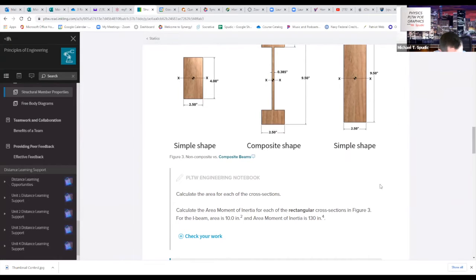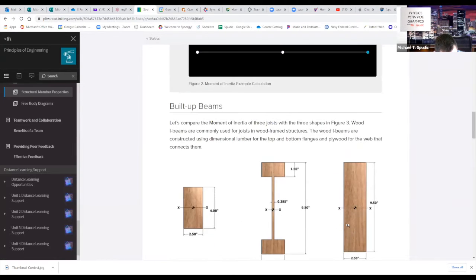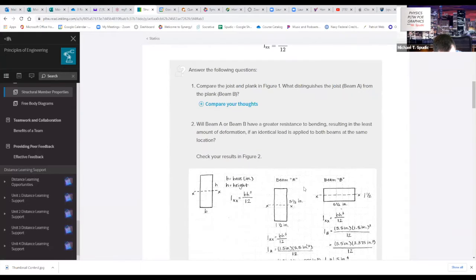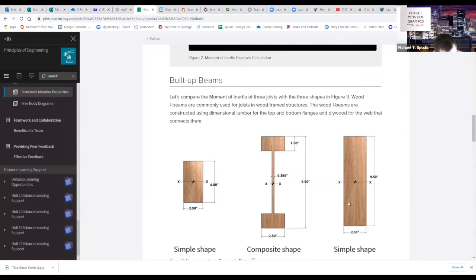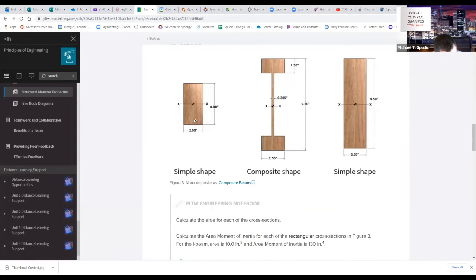Using your equation up here, and we're already giving you the middle one, I want you to do the moment of inertia using that equation for beams A, the one on the far left and the one on the far right. Calculate the moments of inertia of the two on the ends so we can compare it to what we got in the middle.